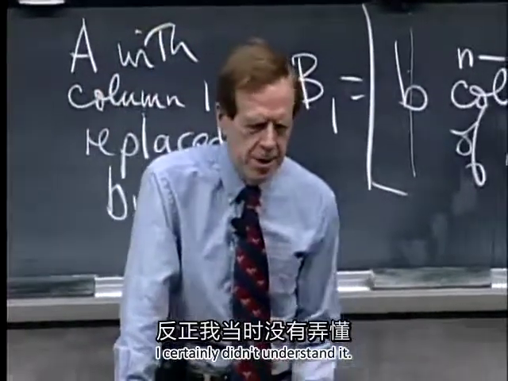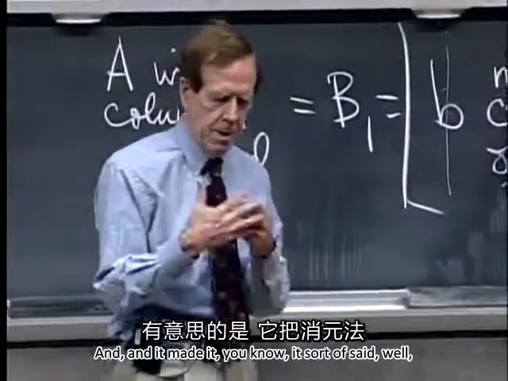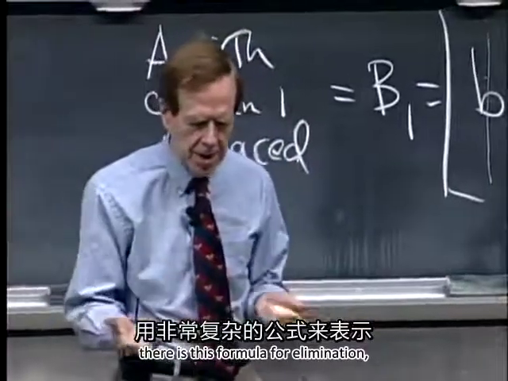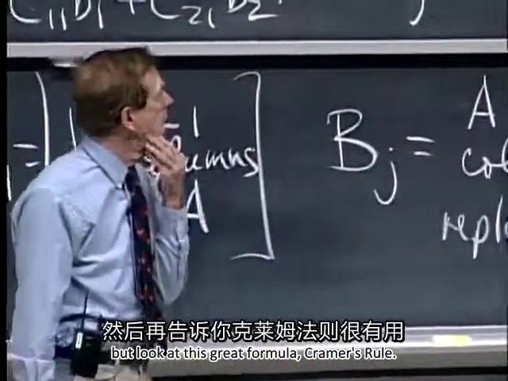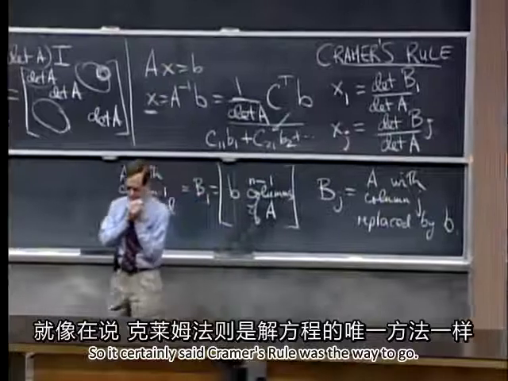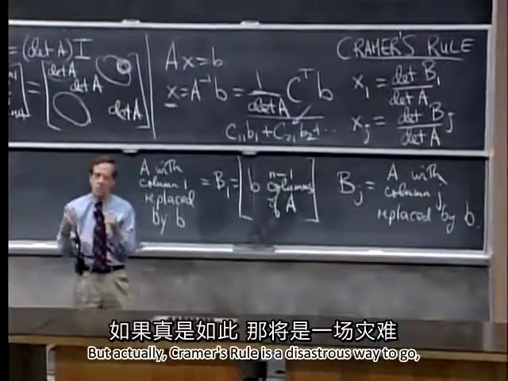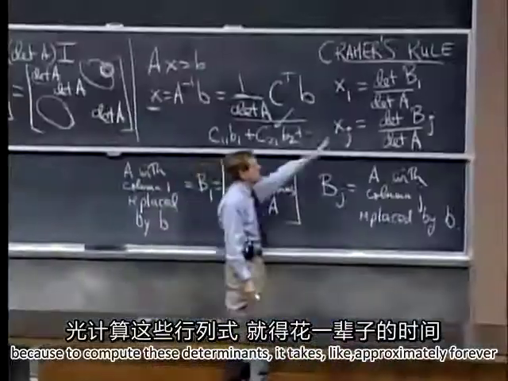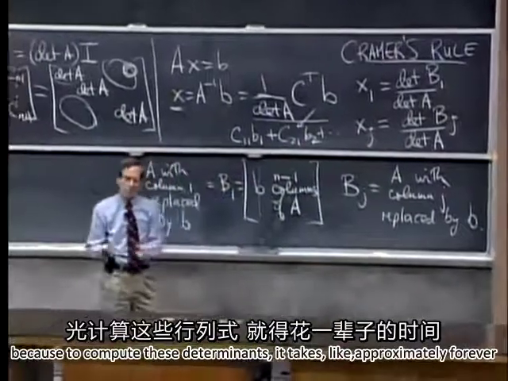I certainly didn't understand it. And it sort of said, well, there is this formula for elimination, but look at this great formula, Cramer's rule. So it certainly said Cramer's rule was the way to go. But actually, Cramer's rule is a disastrous way to go, because to compute these determinants takes like approximately forever.